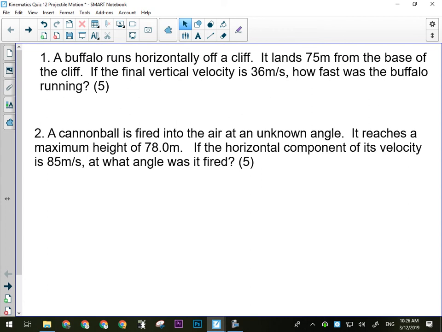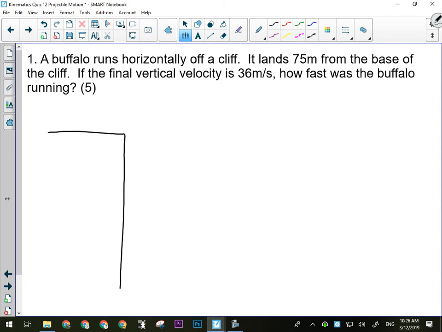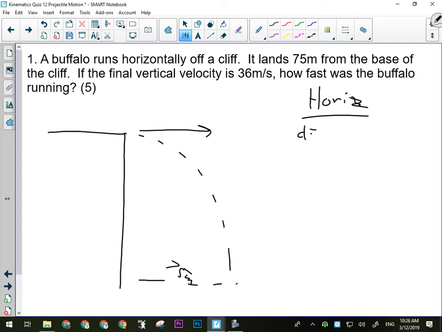So what we're looking at here is the physics of the fall, not the hunting part, which is still interesting, but not the physics part. So what we have is a big cliff, and we're going to run these buffalo off the cliff, and all we know here is that they are landing 75 meters from the base of the cliff, so that is a horizontal piece of information, distance is 75 meters.